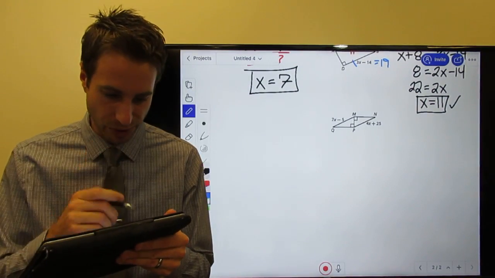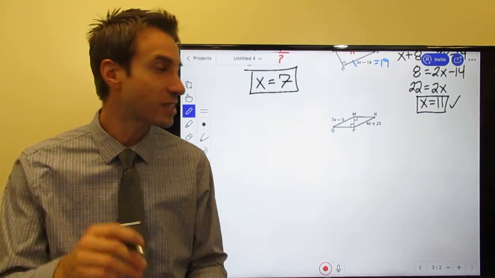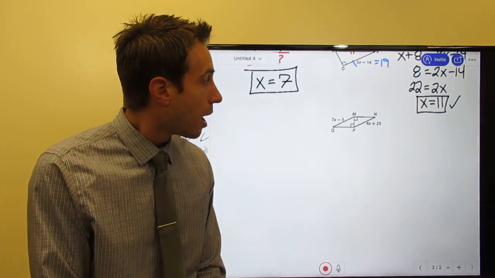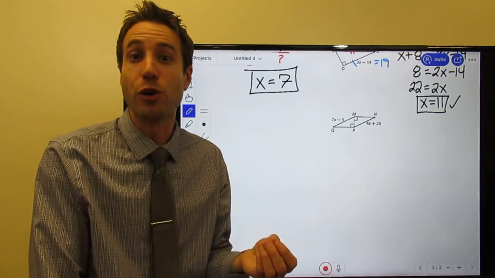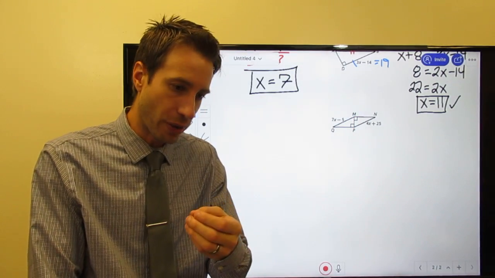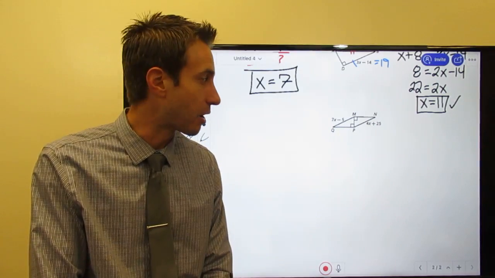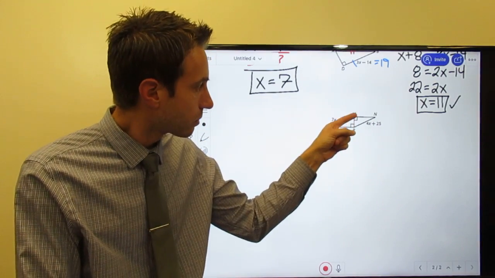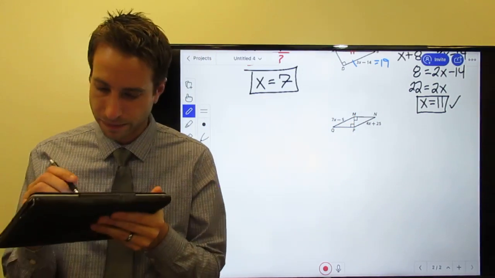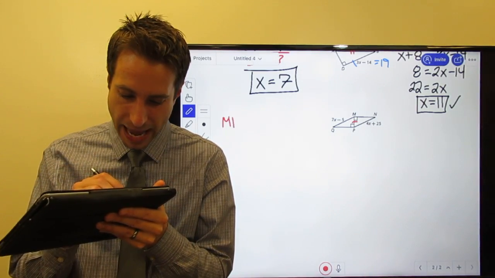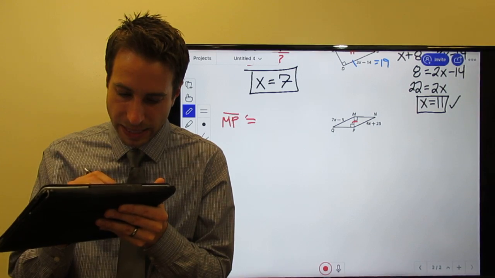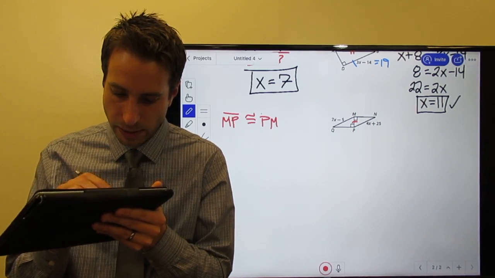Let's see how this one goes. All right, first let's take a look at what we know. Okay, look, I got right angles in my diagram, so I know that they're right triangles. That means all I have to do is show the hypotenuse and a corresponding pair of legs. Well, right there, MP, this guy. I know thanks to the reflexive property, MP has to be congruent to PM.